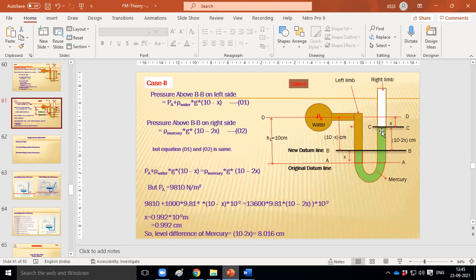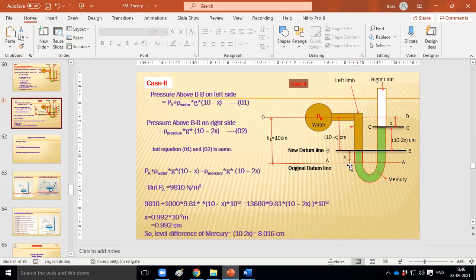In this figure, is there any reservoir connected? No. No reservoir is connected. It means that the cross section area of the U-tube is the same throughout.